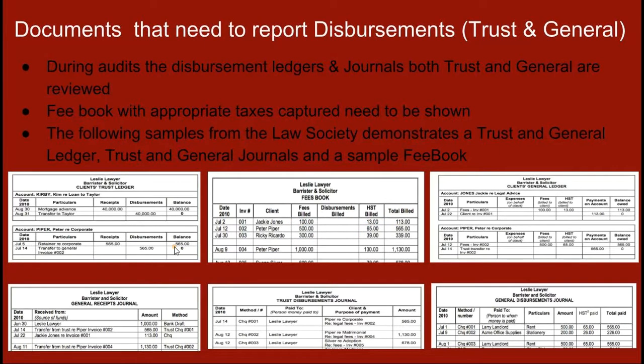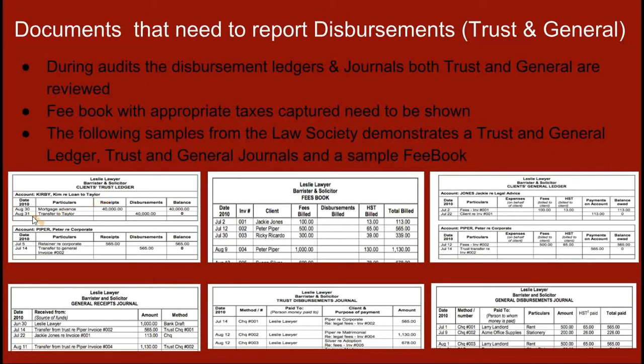And these snapshots of images were taken out of the bookkeeping guidelines from the Law Society of Ontario, but we've done our homework to understand that the bookkeeping guidelines across the other provinces we're talking about today, New Brunswick and British Columbia, have a very similar thought process and similar template that they follow as well. Okay?